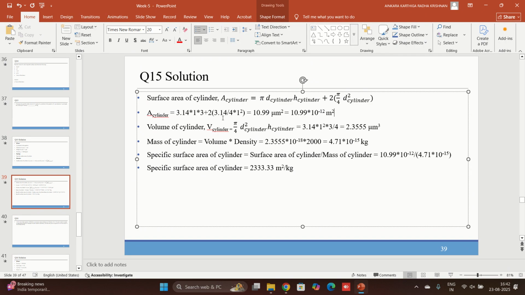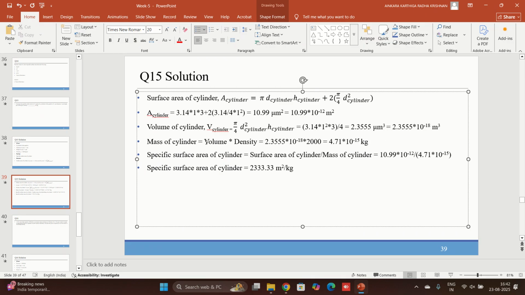And the volume of the cylinder, again, is pi r square h or pi by 4 d square h. So 3.14 into 1 square into 3 by 4. We get 2.355 micrometer cube, or 2.355 into 10 power minus 18 meter cube.